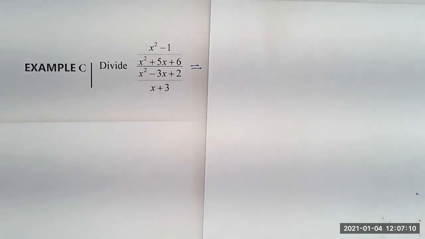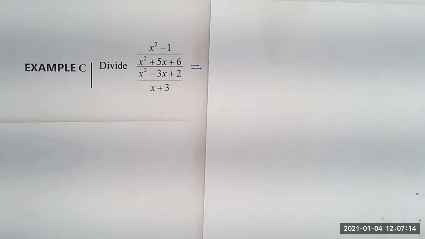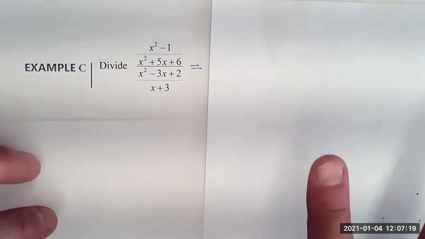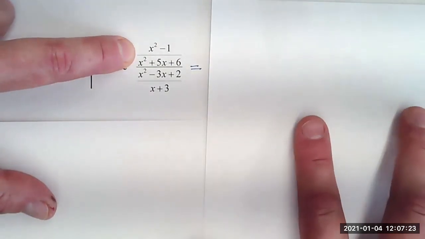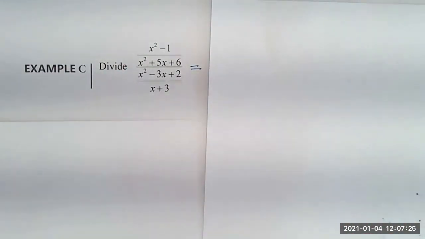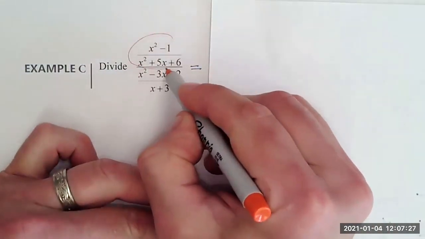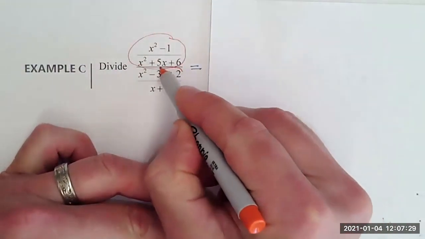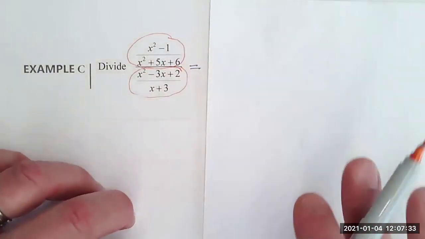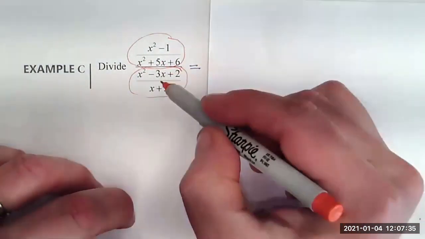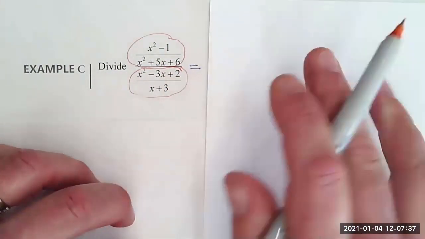Example C is another division problem. You won't see ratios written like this so often, but you might. In this case, just rewrite it as this numerator divided by this denominator. At the same time, you want to go ahead and invert this denominator.